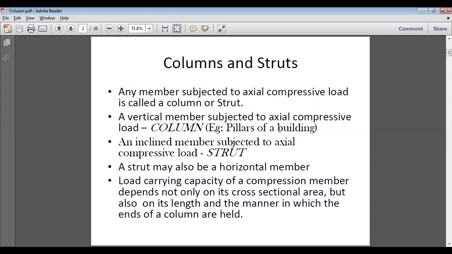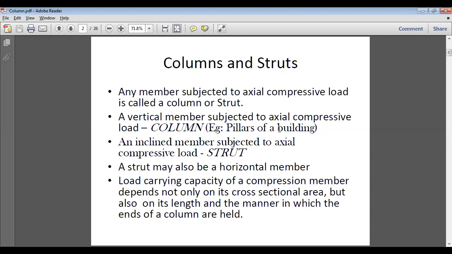So not only cross-sectional area contributes to strength, but also the entire length takes the load and distributes and transfers the load. So length is also a critical component of loaded members like beams, columns, and struts. So we must also focus on the length of columns and struts.